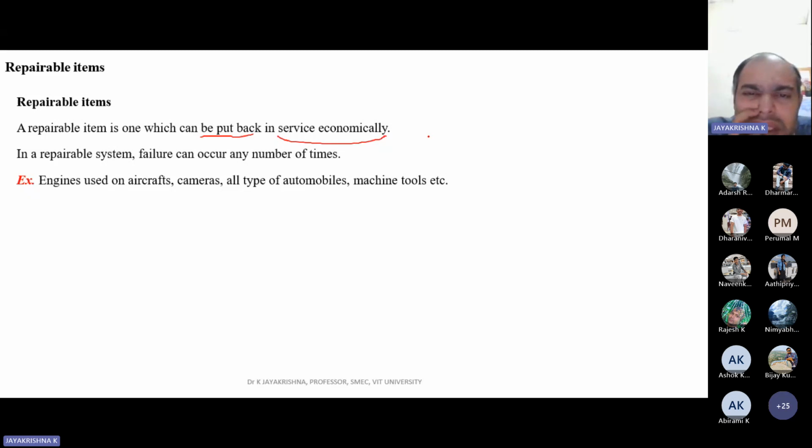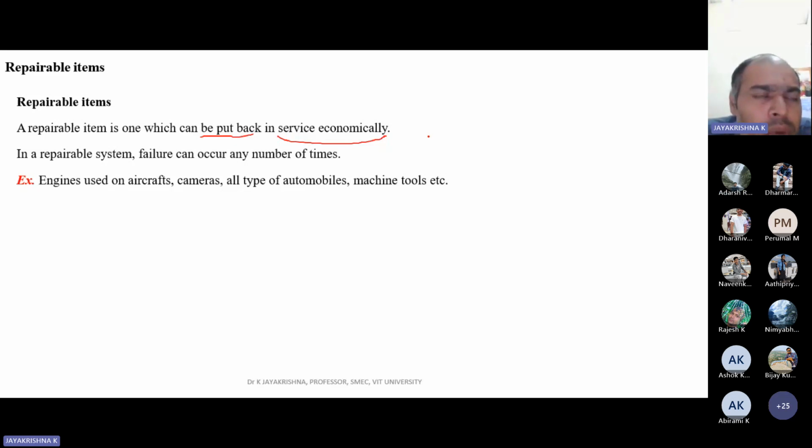Okay, what is this service economically? Like if my cycle tire is getting punctured, I can repair or fix the puncture, and that is economical because fixing a puncture in recent times could cost you around 20 rupees or 30 rupees, but it is worth doing that, correct?